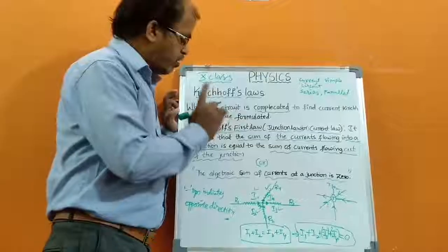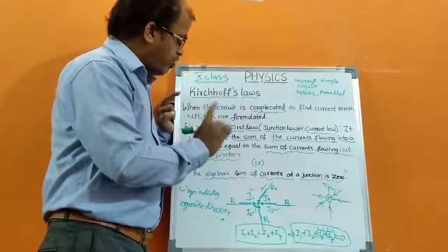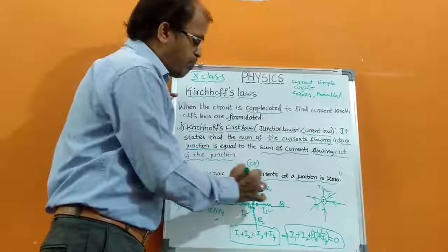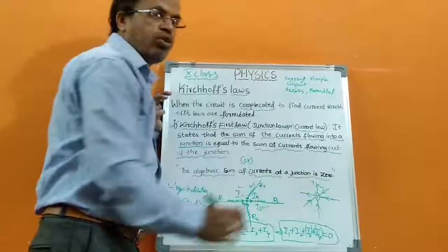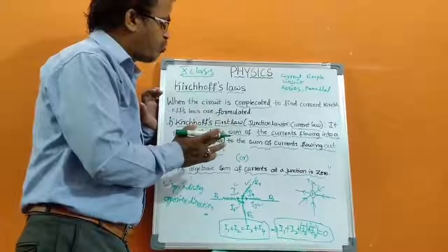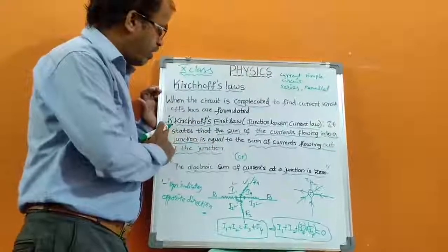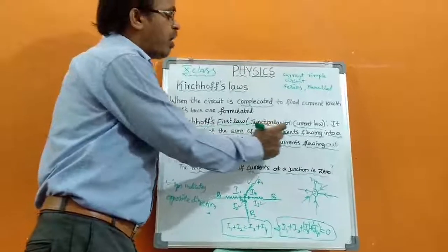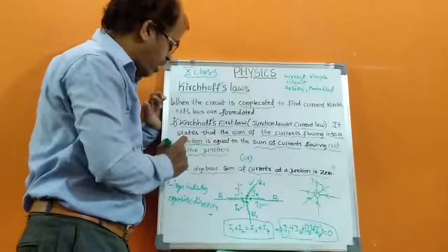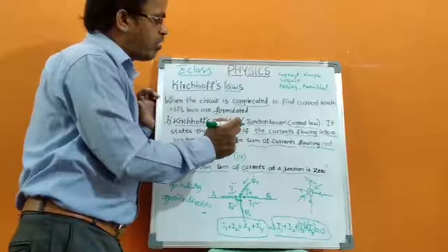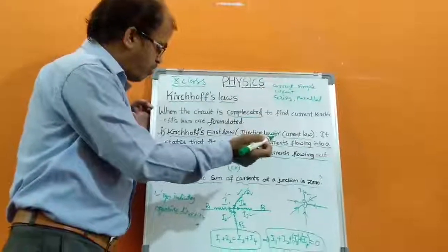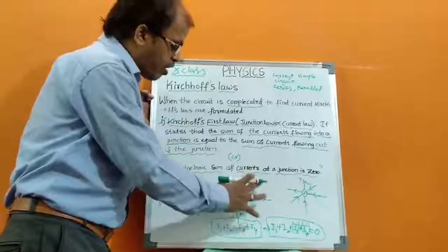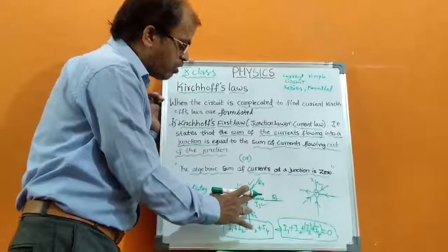Students, if you get this question for 1 mark, you can write the statement: the algebraic sum of currents at a junction is 0. If you get it for 2 marks, you have to write the statement: it states that the sum of the currents flowing into a junction is equal to the sum of the currents flowing out of the junction, and include the simple circuit.